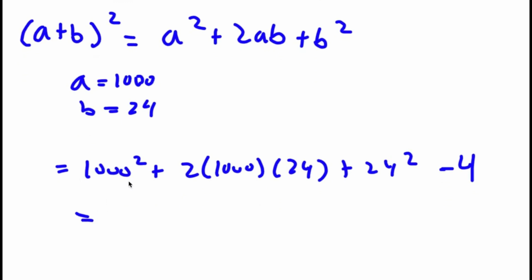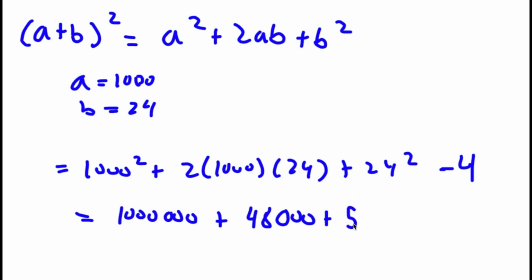Now 1000 squared is equal to 1 million. 2 times 1000 is 2000. 2000 times 24 is going to be 48,000. Now 24 squared is going to equal 576. So I have 576 minus 4.